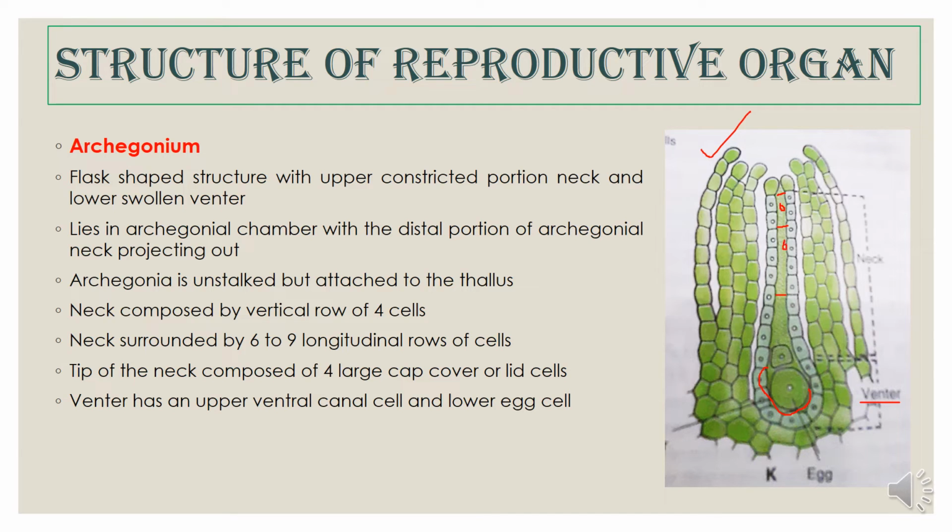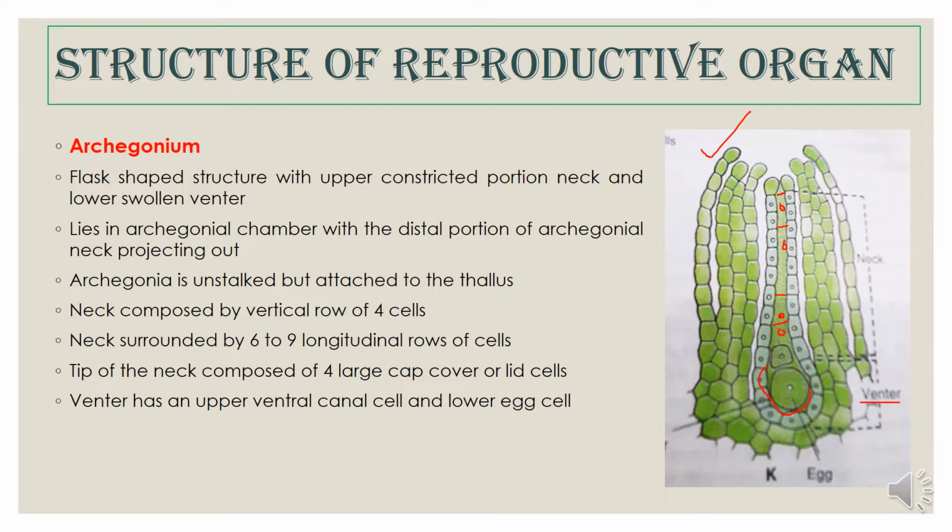This is the first cell, the second cell, the third and the fourth cell. I have drawn it a bit wrong; all these cells will be equal in size. So the archegonium mainly consists of a neck and a venter.